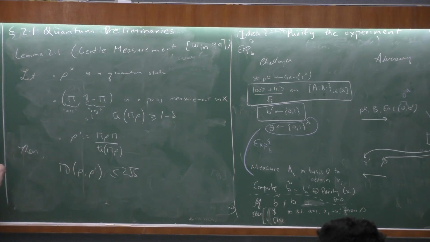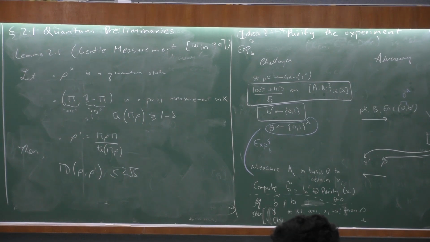This will be useful because, as we'll see, when we do the test, measure everything in the Hadamard basis and check for consistency, using this lemma we'll be able to say something about how close the post-measurement state is given the outcome of the measurement.